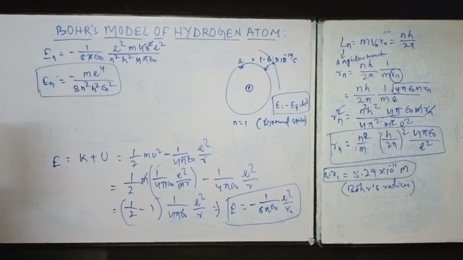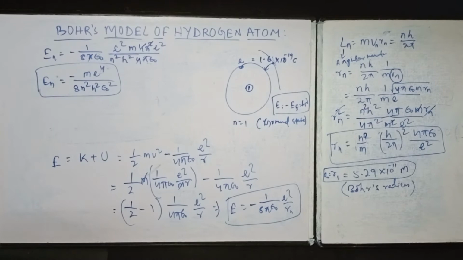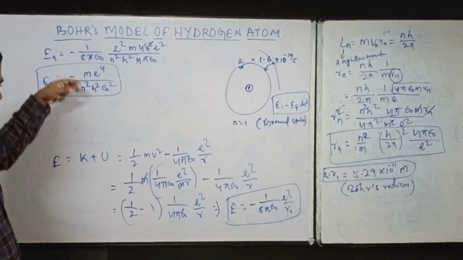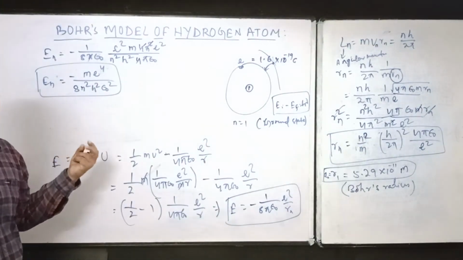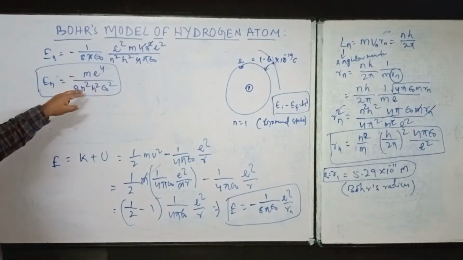If we put all the constants like the mass of electron, charge of electron, n is, let's say, the first orbit, okay, keep it n, h is Planck's constant, epsilon naught is the permittivity of free space, all of these are constants.